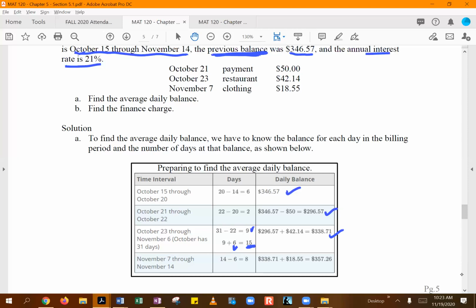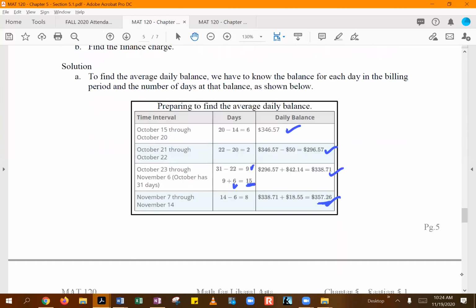That goes from November 7th till the end of our billing cycle, which ends on November 14th. So November 7th through November 14th is a total of 8 days, and our balance stayed at $357.26. You have to look through what the charges were, how long your balance stayed at each, and then calculate your finance charges.